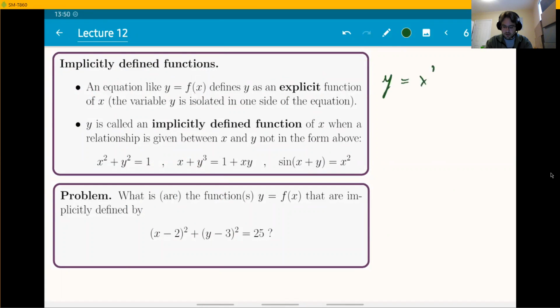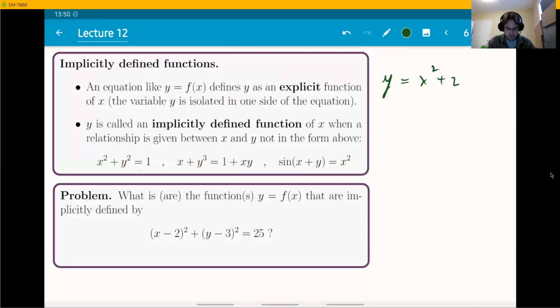Y is equal to x squared plus 2 or whatever. This is a function. But on many occasions, what you can actually find is what's called an implicit function. We're going to say that y is an implicitly defined function of x, or just an implicit function of x, when you just have a relationship between x and y, but not in this form above. So I have many examples down here. Look at these. In all these equations, you don't have y isolated on one side of the equation and x on the other.